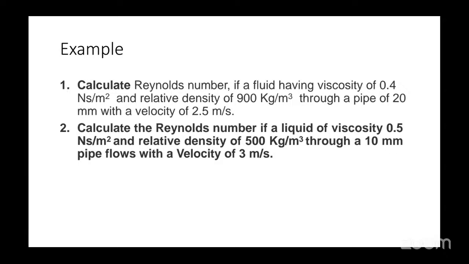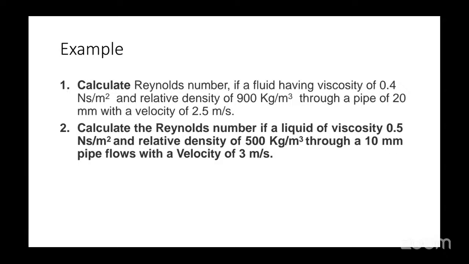So we are asked to find the Reynolds number. Remember that our Reynolds number, Re, is equal to rho VD over mu. Now we look at the parameters that are given. Mu, which is viscosity, is given to us as 0.4 Newton second per meter square.